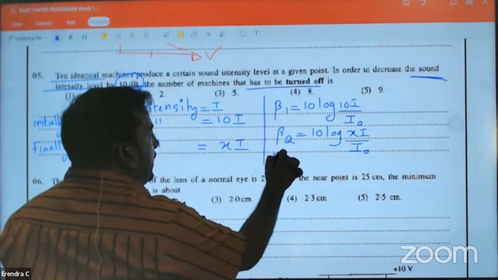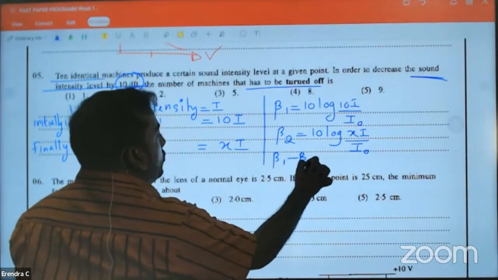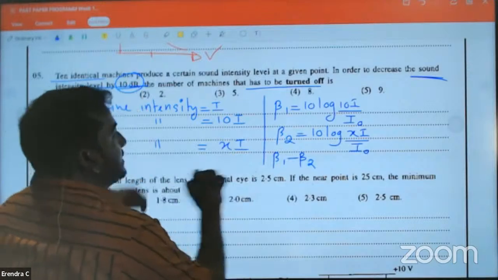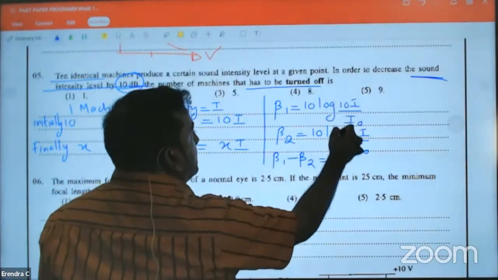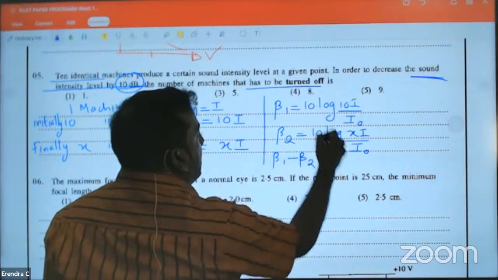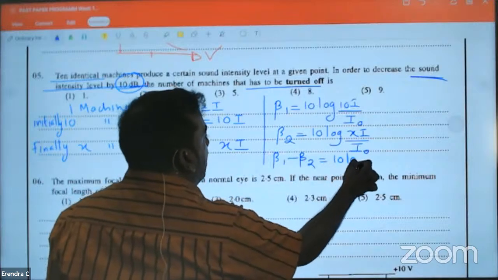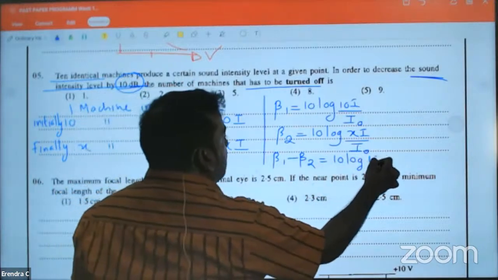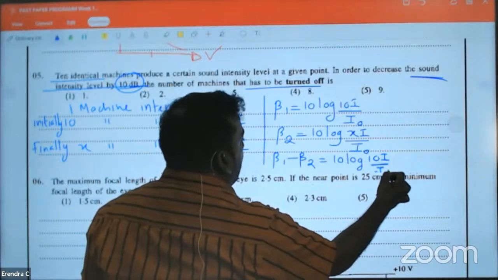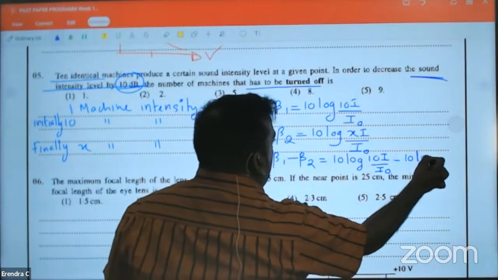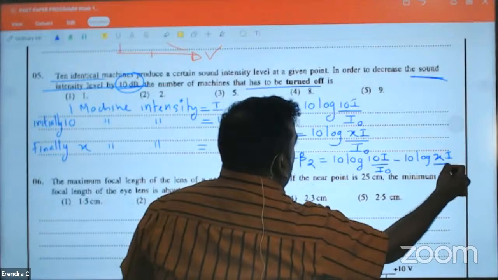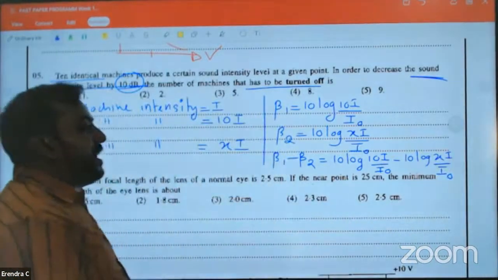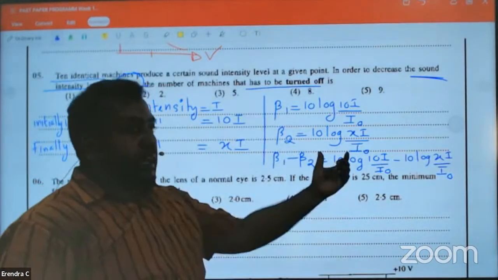Beta 2 is 10 log of xI over I0. The difference is 10 decibels. Subtraction means log division. Easy, huh? 10 log of xI over I0. Who is common here?